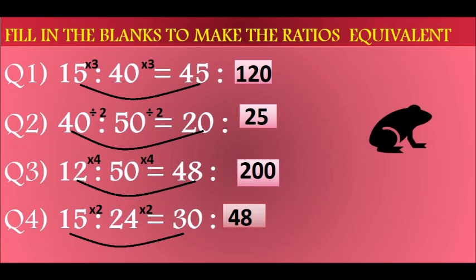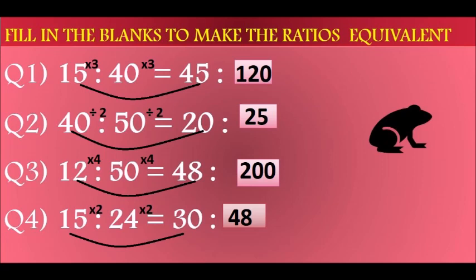Now 15 will be compared with the number which is before the ratio sign, because 15 is before the ratio sign and 30 is also before the ratio sign. So how did this 15 become 30? We will multiply 15 by 2.